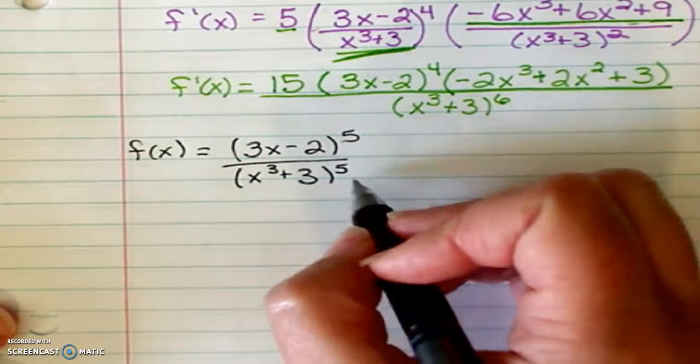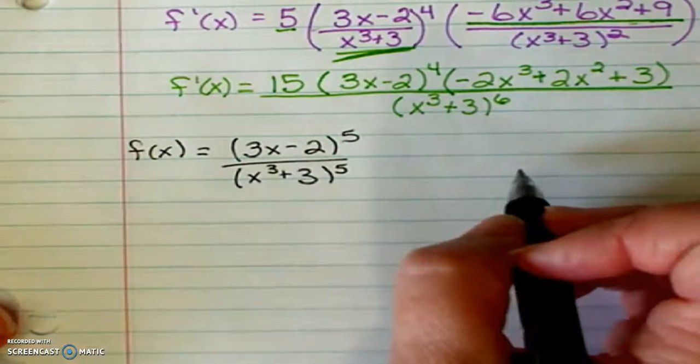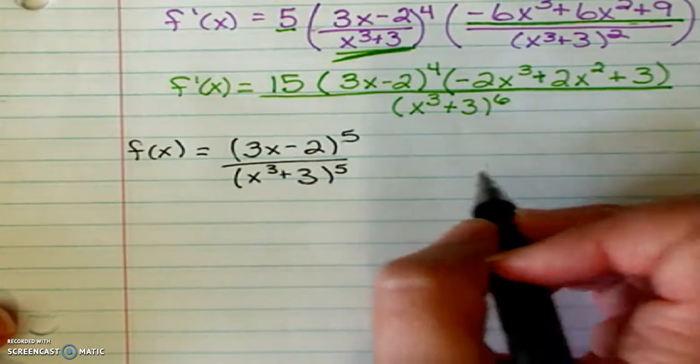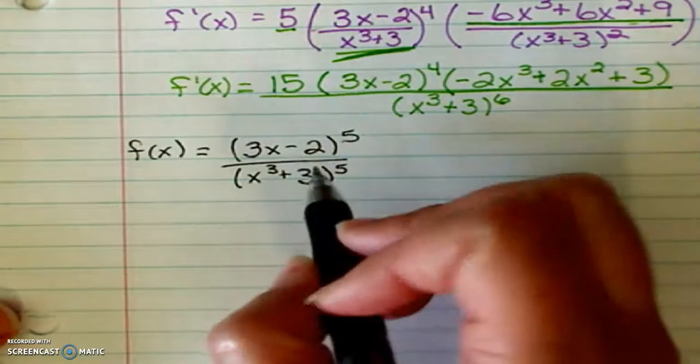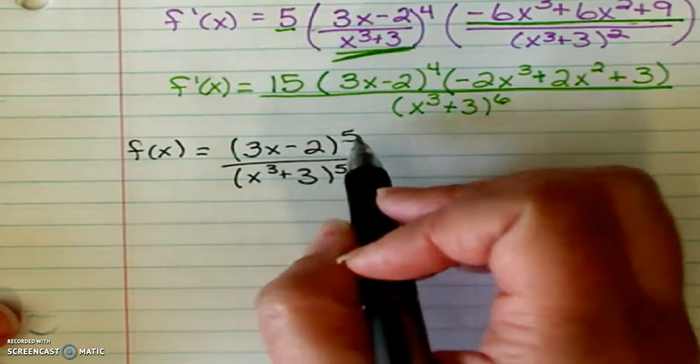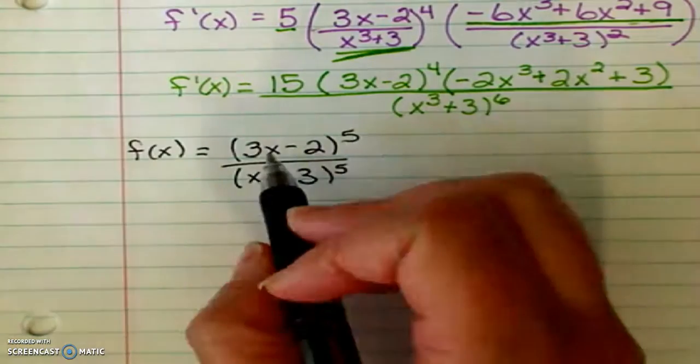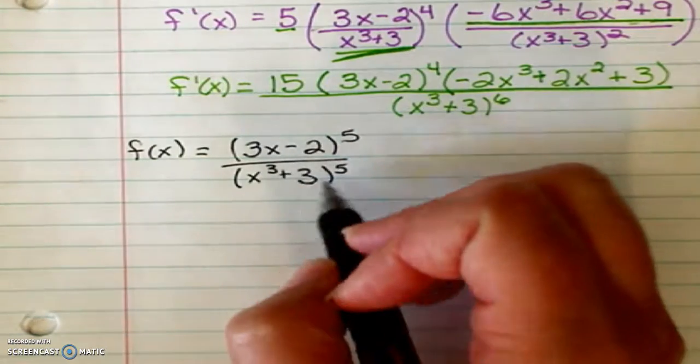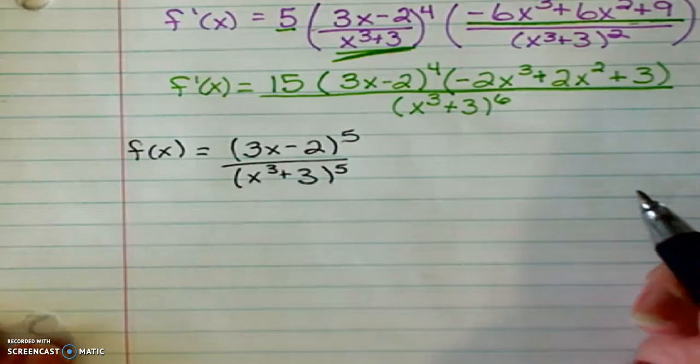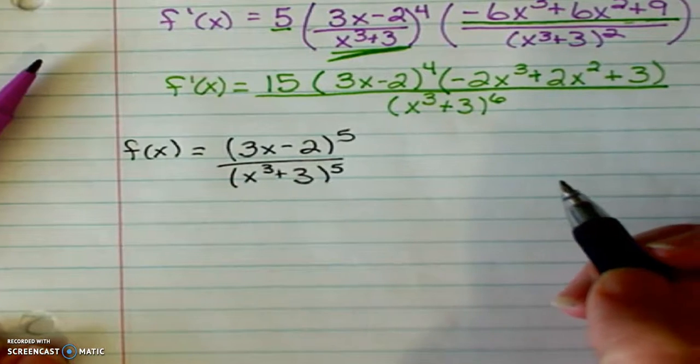Now from here you could use the quotient rule, low d high minus high d low all over the square of what's below. But when you do that, you're going to have the power rule using the chain rule within that in your simplification. So that's another way you could solve it.